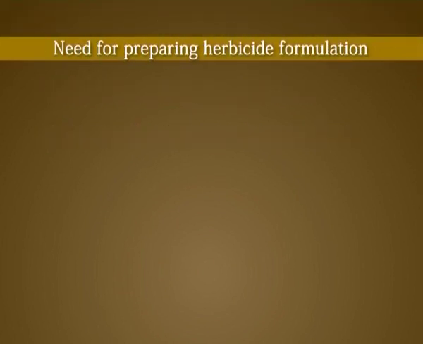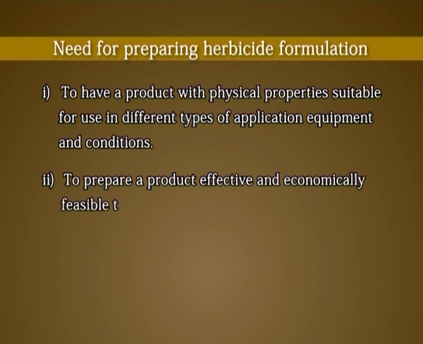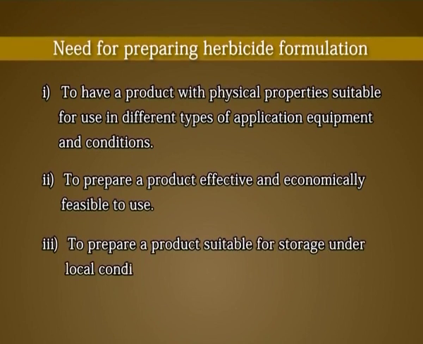Need for preparing herbicide formulations: number 1, to have a product with physical properties suitable for use in different types of application equipment and conditions; number 2, to prepare a product effective and economically feasible to use; number 3, to prepare a product suitable for storage under local conditions.